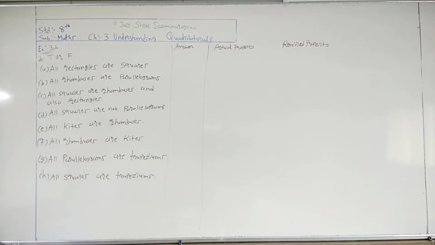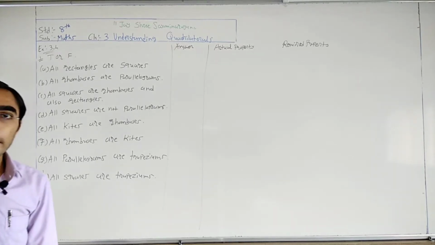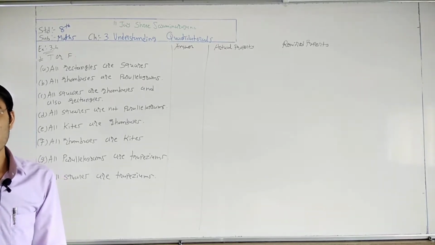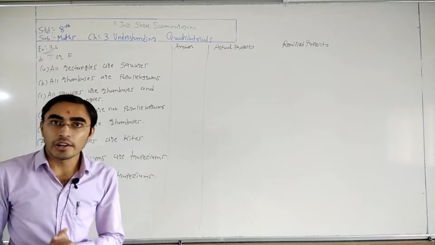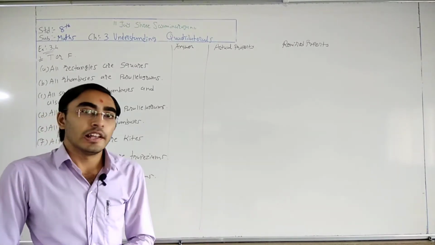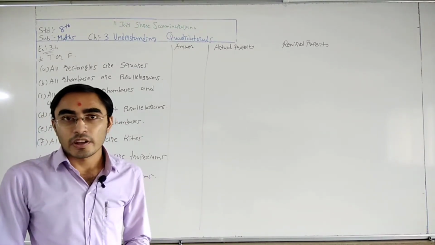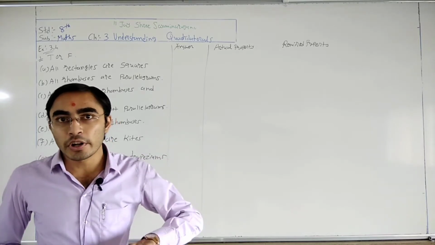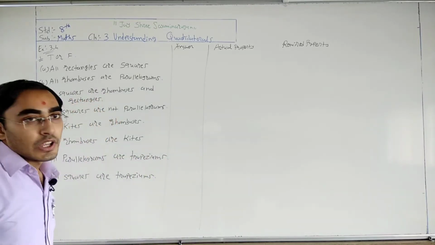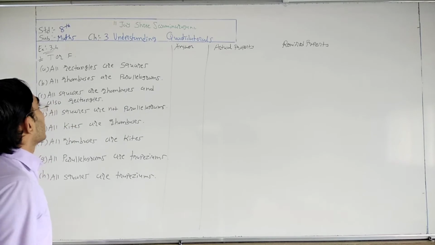All the questions are related to properties of quadrilaterals, which we already learned in our theory part. So now we need to recall those properties and give the answers to these questions.